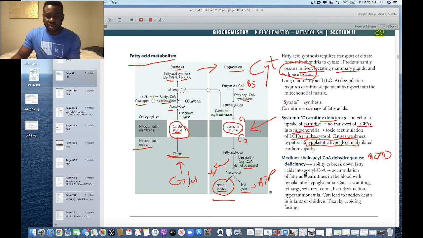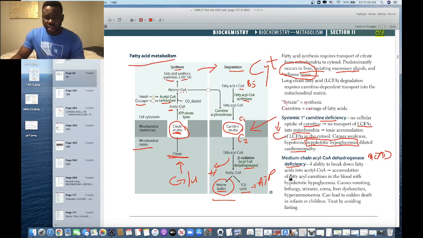MCAD deficiency. Okay. Now let's look at MCAD. They also have dilated cardiomyopathy. Take note. But the things that you want to remember are decreased carnitine, and also hypoketotic hypoglycemia. You want to remember these two.